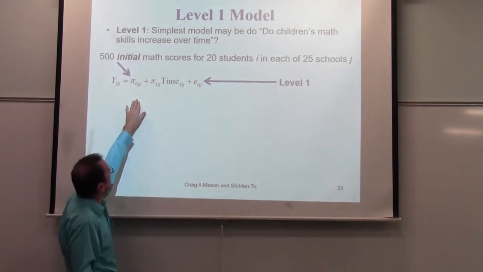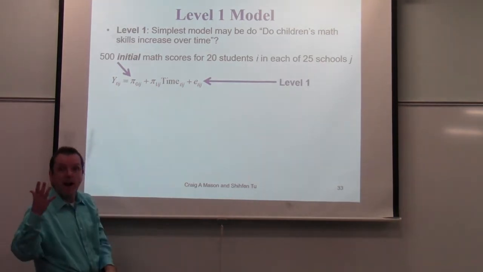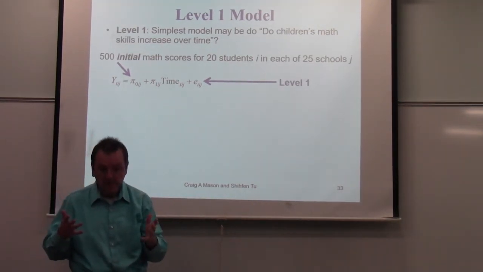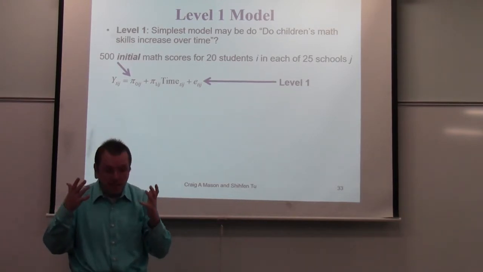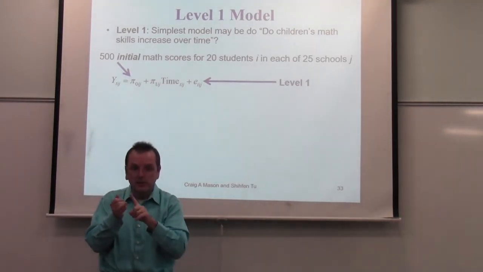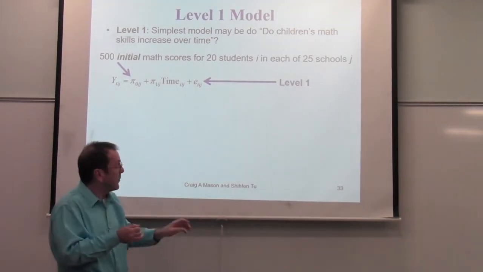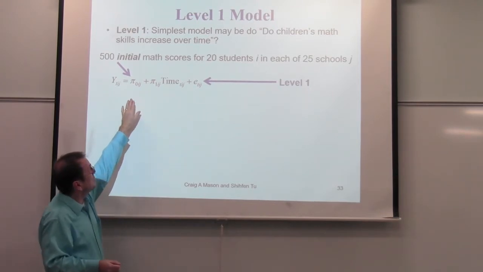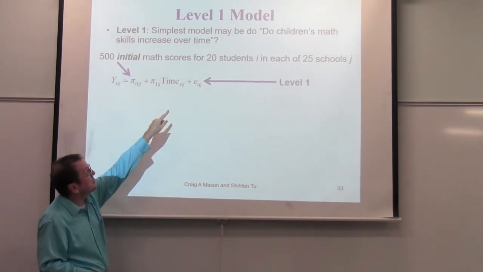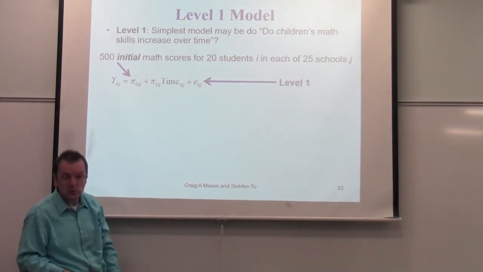Pi 0 ij, there are 500 different intercepts. Remember, pi 0 ij is the intercept for child i at school j. We have 500 kids, so there are 500 pi 0 ij's, 500 intercepts for the 20 students at each of those 25 schools.